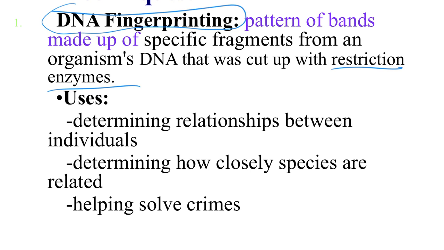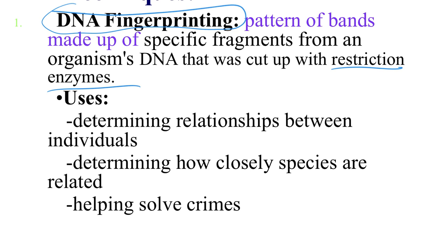So what they do is they take the DNA out of the cells that are found, and they have a way of multiplying it. I'll talk about that. It's called a PCR, polymerase chain reaction. And you can make multiple copies of that.